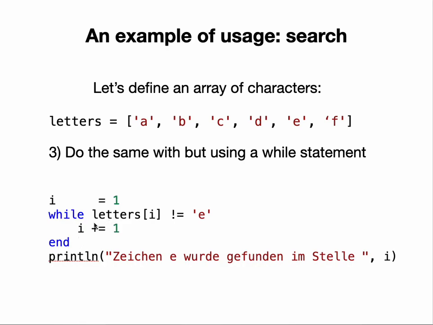If not, it will stop, and the value of I will be the index. So it will go 1, 2, 3, 4, 5. Now it finds that letters of I is equal to E, so this condition is not valid anymore. It gets out, and the value of I is the value of the index.